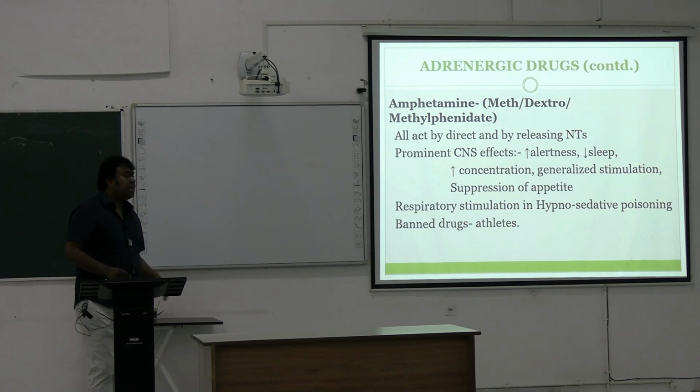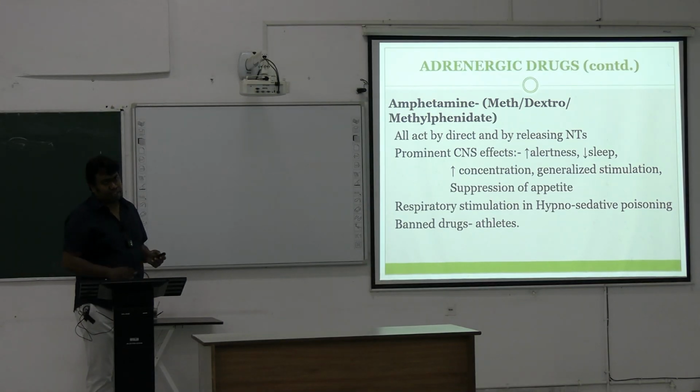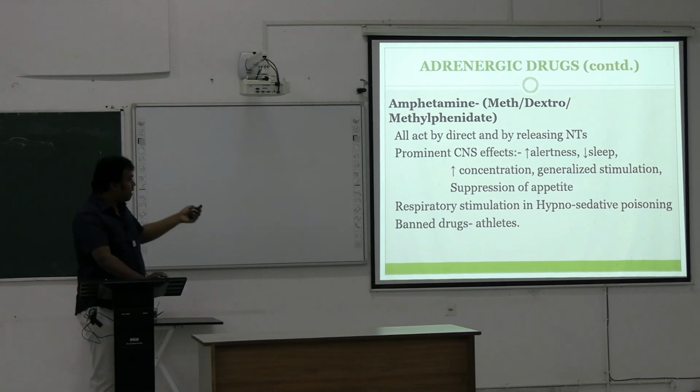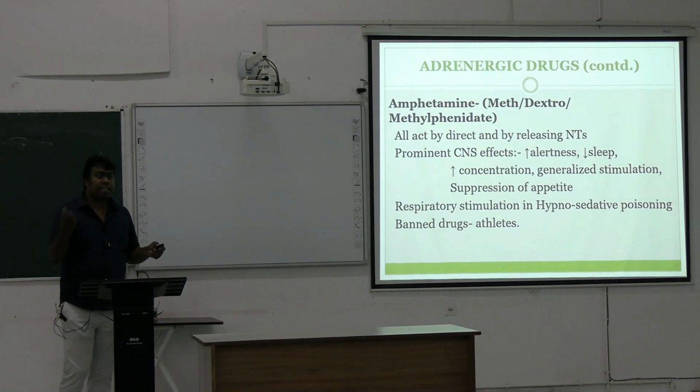They also help in respiratory stimulation for hypnosedative poisoning. Hypnosedative poisoning means, name the sedative drugs, name the hypnotic drugs, do you know? Benzodiazepines, barbiturates, okay? All these are hypnosedative. And in their poisoning, they have a role.